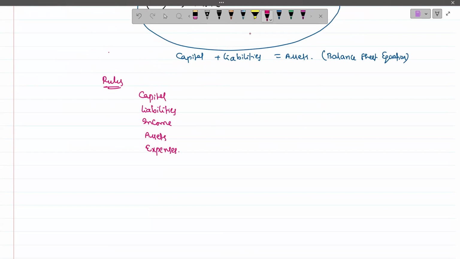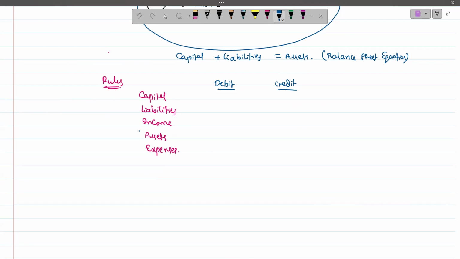So here, how is the rule stated? What is the debit rule and what is the credit rule? And before going to that, these five are again classified into two types. One is the debit item and another one is the credit item.